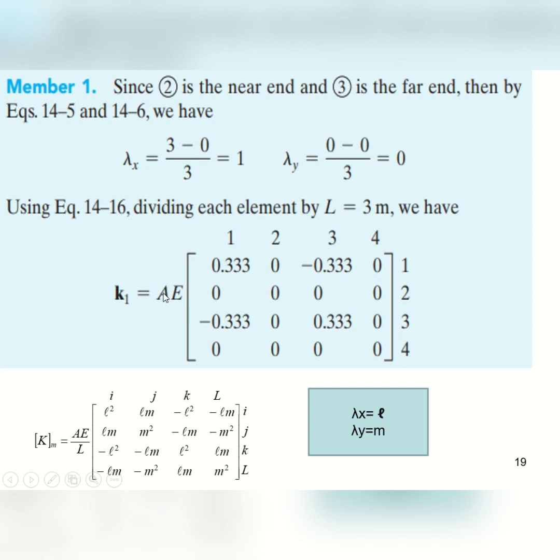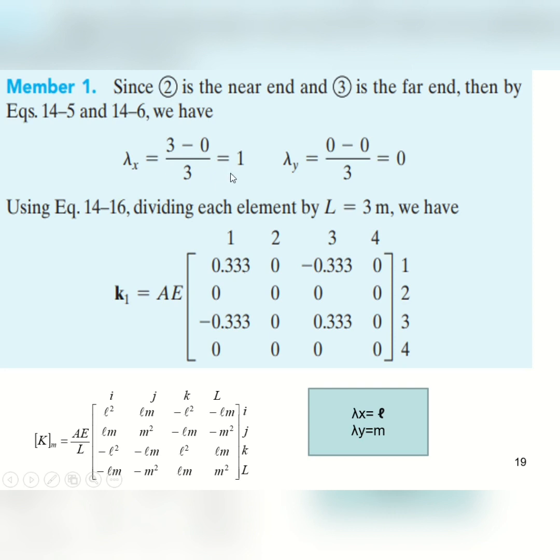When you put this into the equation, you have to divide this answer by L, because the equation is AE divided by L. If you divide initially, it makes it very easy.